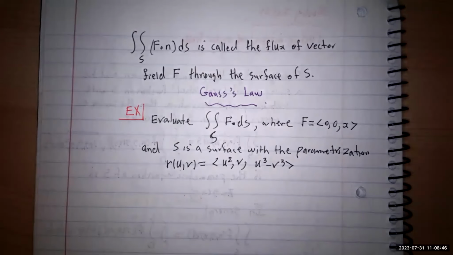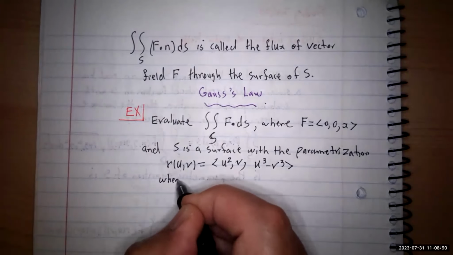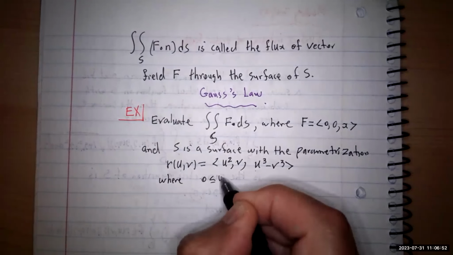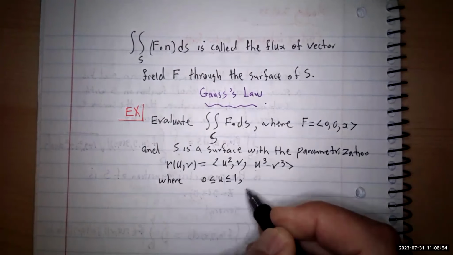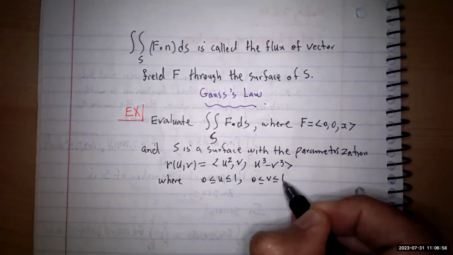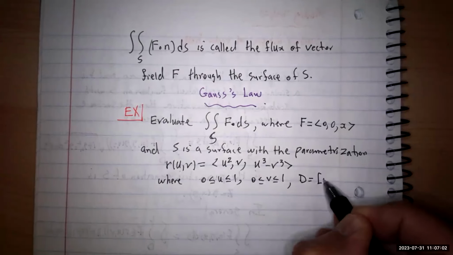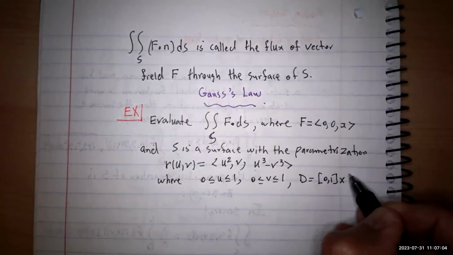That's the parametric equation of your surface, where u is between 0 and 1, and v is between 0 and 1. That would be the domain that you have to integrate, and the domain is going to be [0,1] cross [0,1].